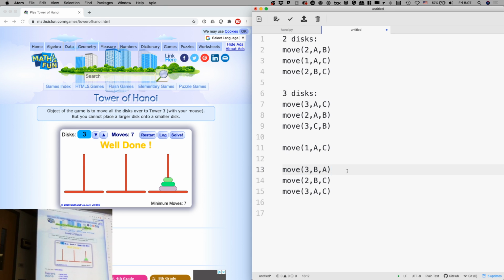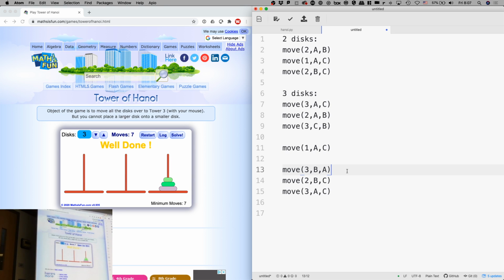But notice that the little chunks of 3, and I spaced it so that it was obvious, don't they look a whole lot like the 2-disk case? Now they're not identical because instead of 2, 1, 2, we have 3, 2, 3. And the letters are somewhat permuted, so A's, B's, and C's have kind of gotten jumbled up, but they've been jumbled up in a very sensible way. Do we kind of see the structure then?